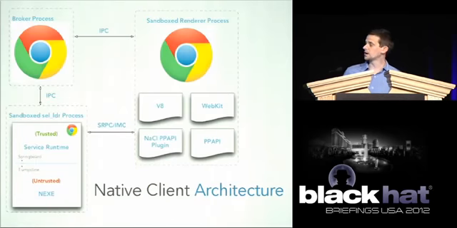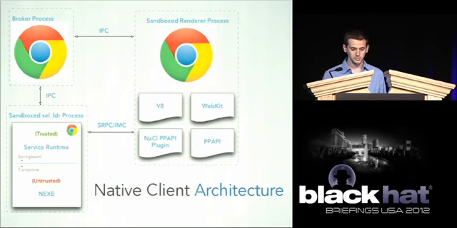I have this architecture diagram, and I'm going to bring it up before each section, because I don't expect anyone to remember what this looks like, because it's pretty large. Up here in the top right, you have the sandbox renderer process. This is where WebKit lives. This is where the V8 JavaScript engine lives. This is where the Pepper implementation lives. Down the bottom left, you have the sandbox secure loader service runtime.